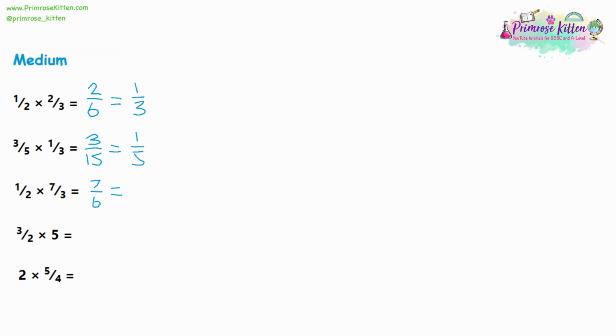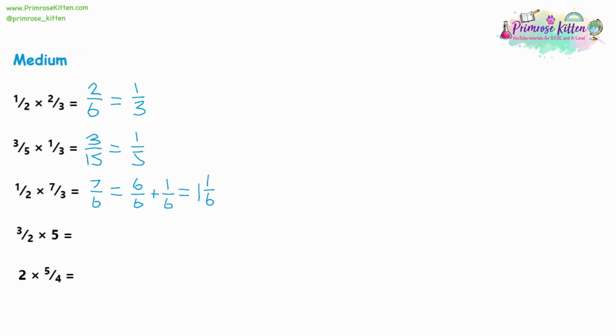But 7/6 will be the same as 6/6 plus 1/6, and 6/6 would be a whole one. So that would give us 1 whole one and 1/6 left over. So sometimes you can simplify by converting a top-heavy fraction, like 7/6, where the numerator is larger than the denominator, and turn it into a mixed number, like 1 and 1/6.